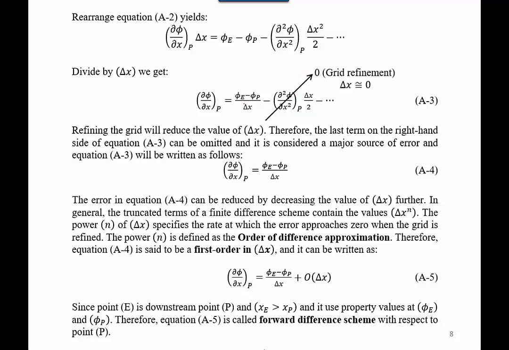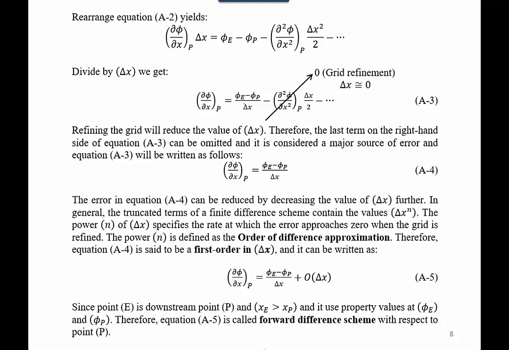So this is the most major source of error of this method. Therefore, approximately the first derivative of phi at point P will be equal to phi at east point minus phi at big P divided by delta x, as shown in equation A4.